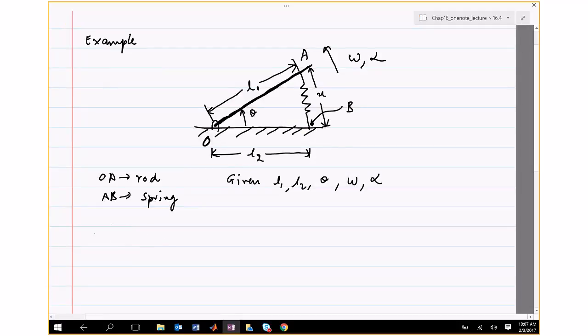So the question is, find x, which is the length of the spring, x dot, which is the rate at which you move the spring up, and x double dot in terms of L1, L2, theta, omega, and alpha.